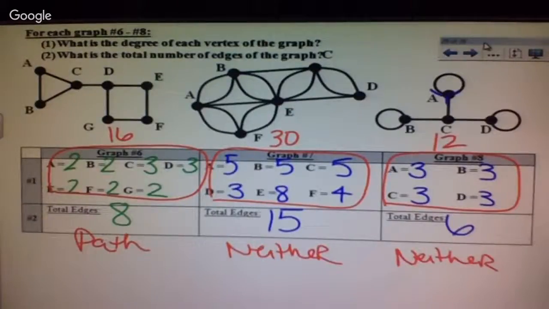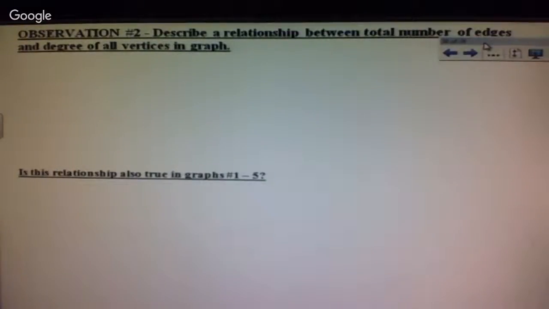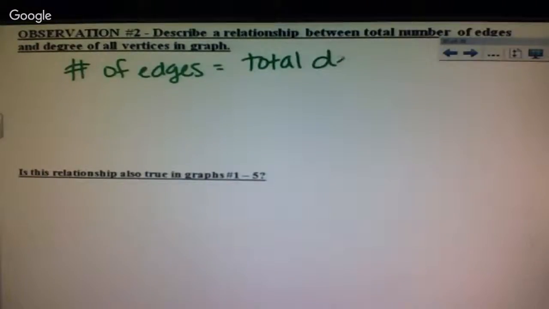Okay? You just came up with your last theorem. Your number of edges is your total degree divided by 2.